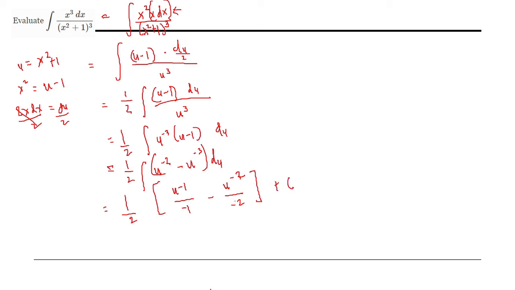Next step with this equation is we're going to simplify. So 1 half times negative 1 over u, and then negative negative, that's plus 1 over 2u squared plus c.